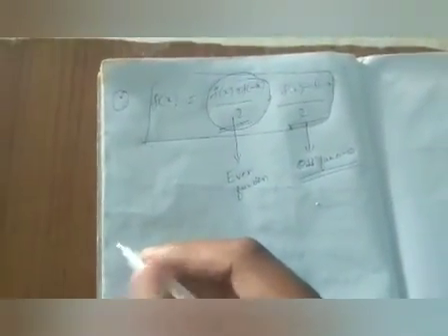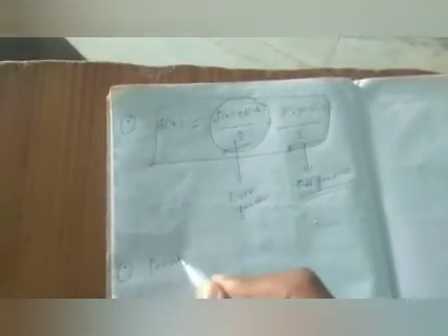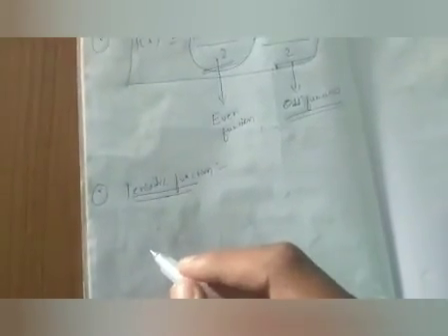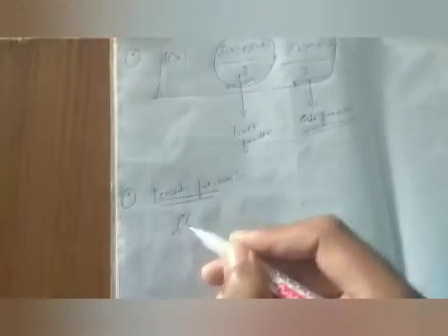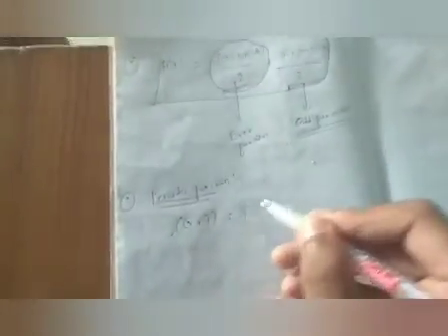Another type of function I would like to mention is the periodic function. What is a periodic function? A function f of x is said to be periodic if for some t, f of x plus t equals f of x.